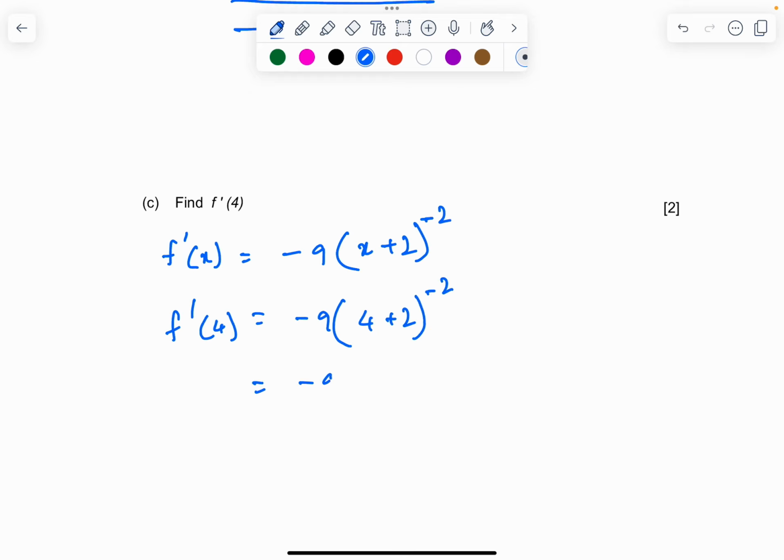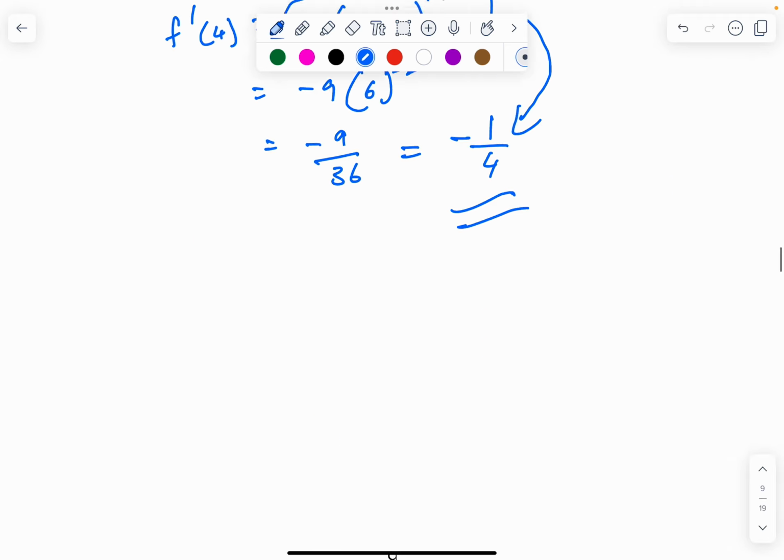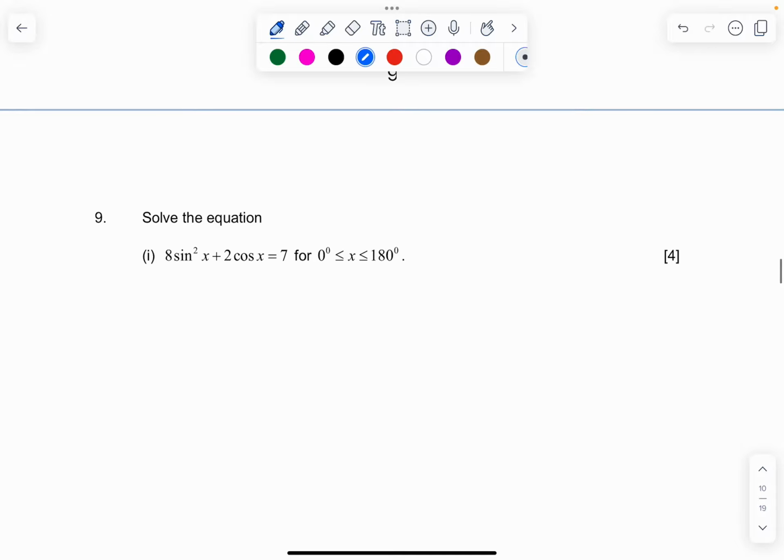This is going to be 6 to the power of negative 2, which is negative 9 over 36, which gives you negative 1 over 4. Basically, you can just use the calculator. It is only a 2 mark question. Just put this in the calculator and you will get the answer. You don't need to simplify so much. So negative 1 over 4 is your answer.